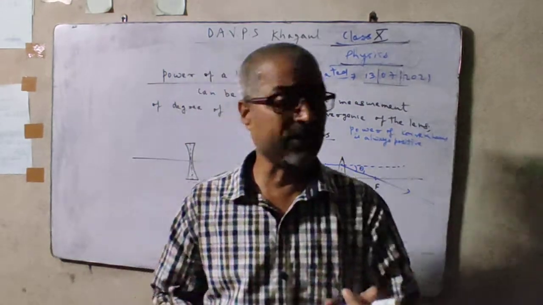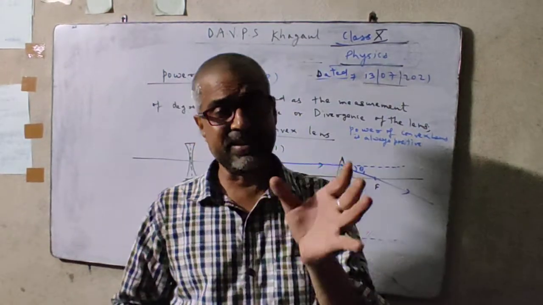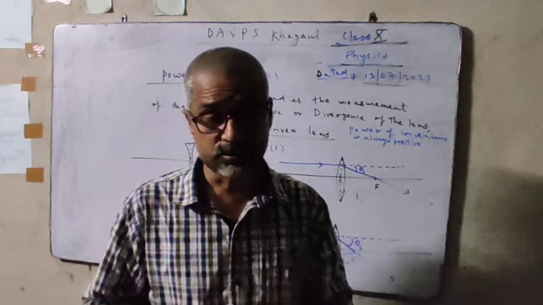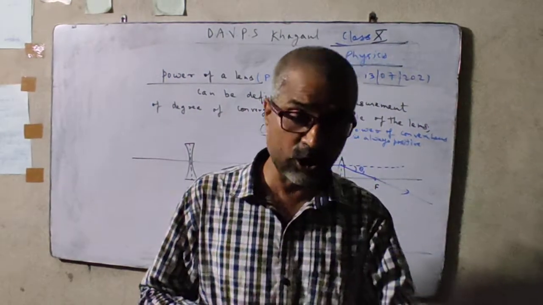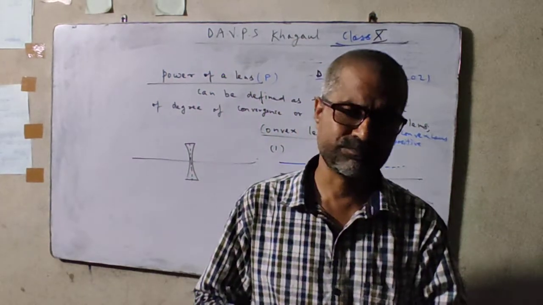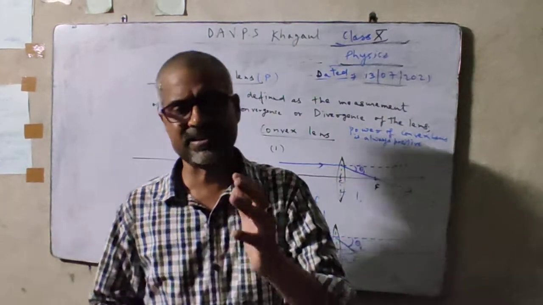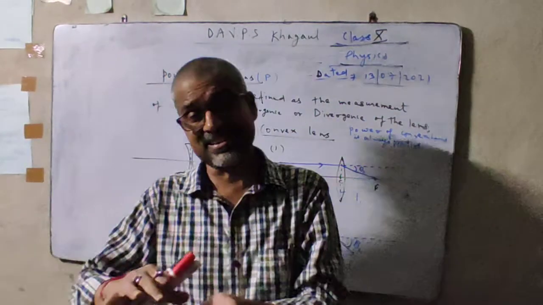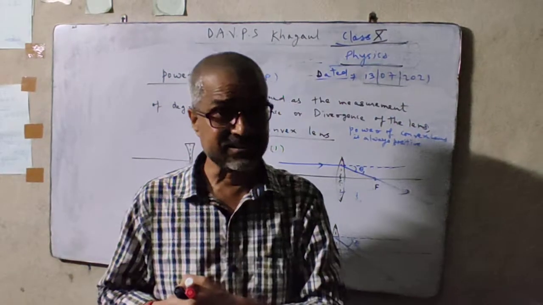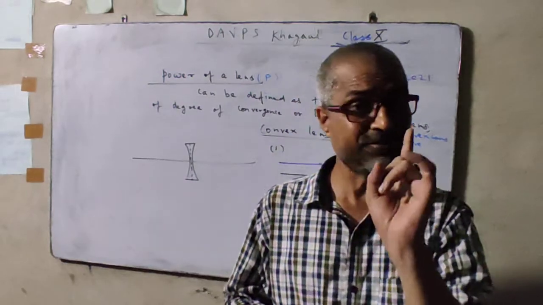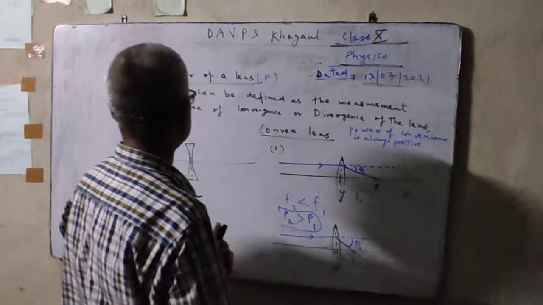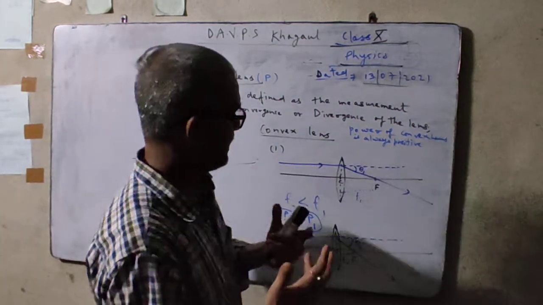So that means power of a lens is the measurement of the degree of convergence or divergence that the lens performs. Okay, we have got the idea. A convex lens is a converging lens, a concave lens is a diverging lens. But how much converging, how much diverging, that depends on the power of the lens. Okay, we can show another definition of power of lens.